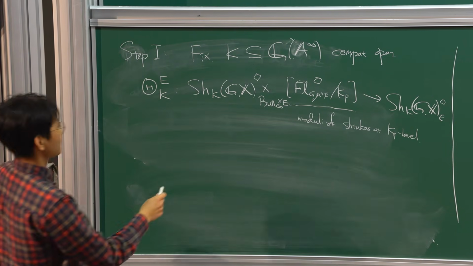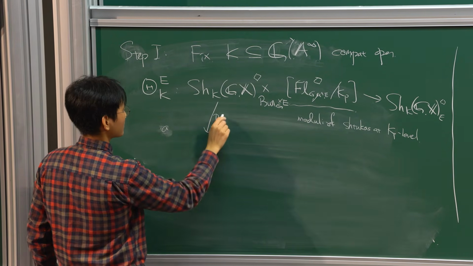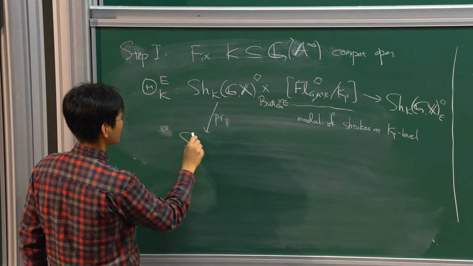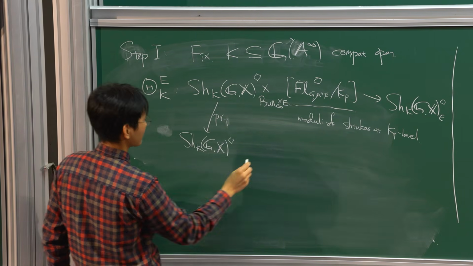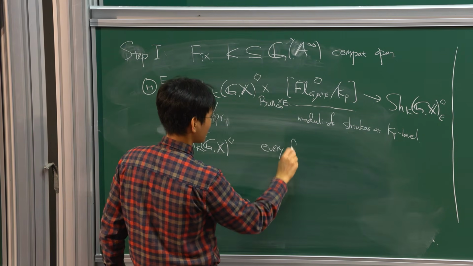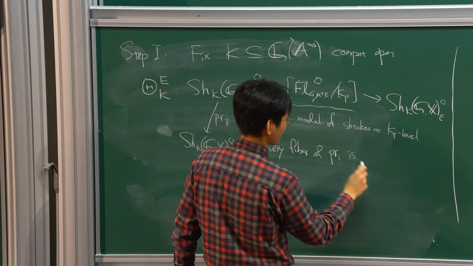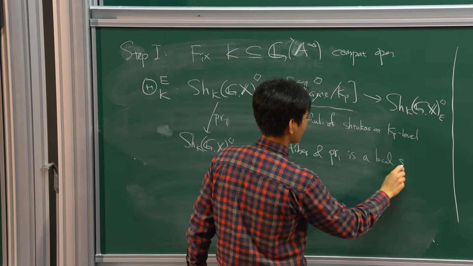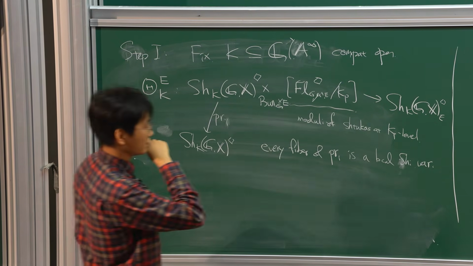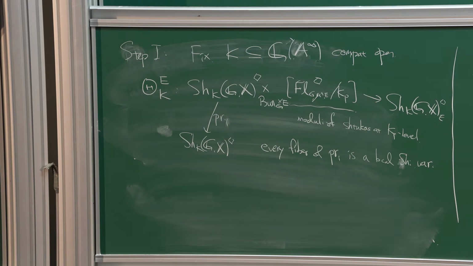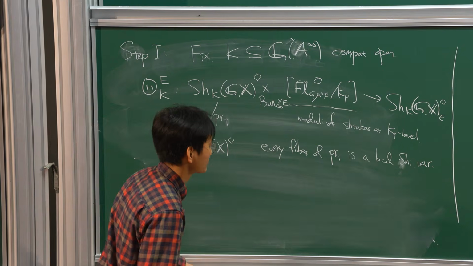And in particular, if I look at the projection map to the Shimura variety, every fiber of projection 1 is actually a local Shimura variety, in the sense of Scholze-Weinstein.